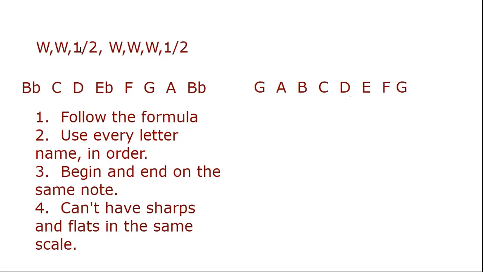Now we need to make sure that our formula works. Follow the formula. In between the first 2 here has got to be a whole step. In between this one has got to be a whole step. In between here has got to be a half step.